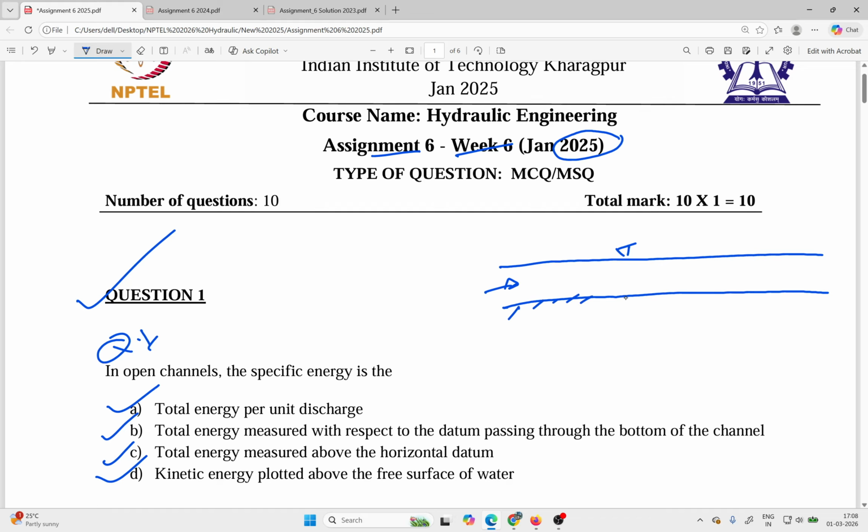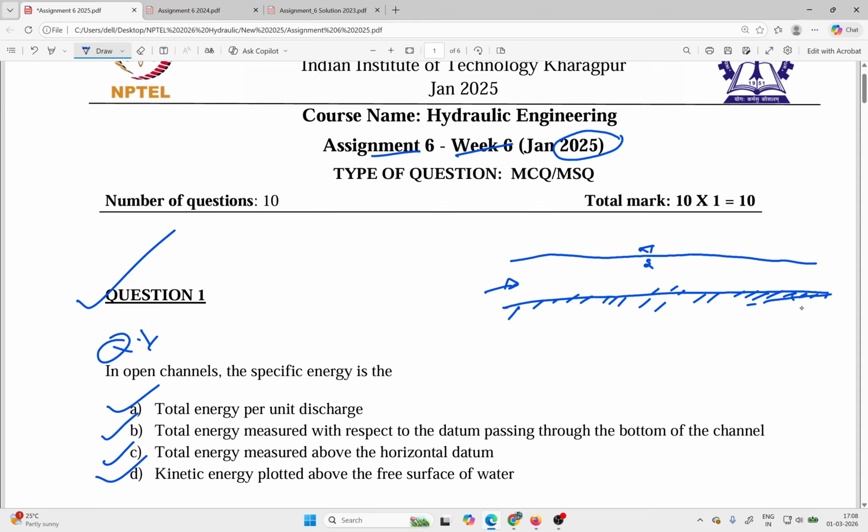So this is your channel, with a very mild slope that I have drawn. Your water surface will also be like that, a little bit lower. As you see, here you have the theta slope from the horizontal.